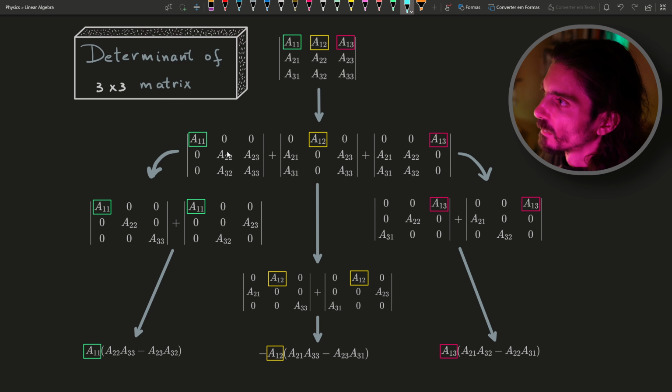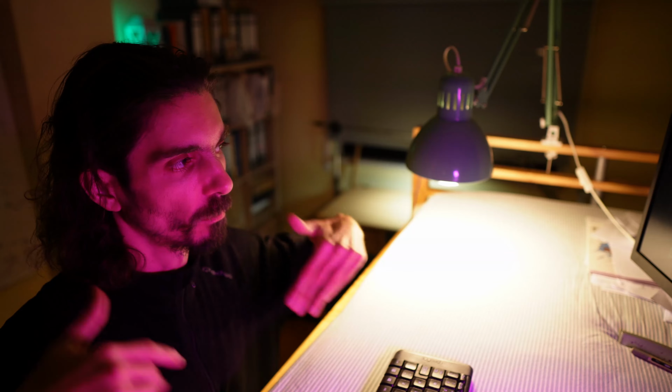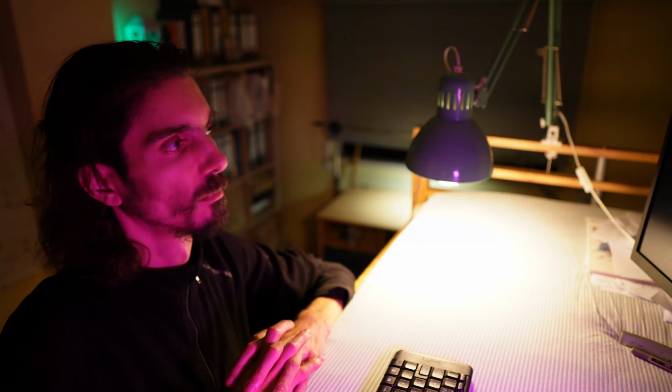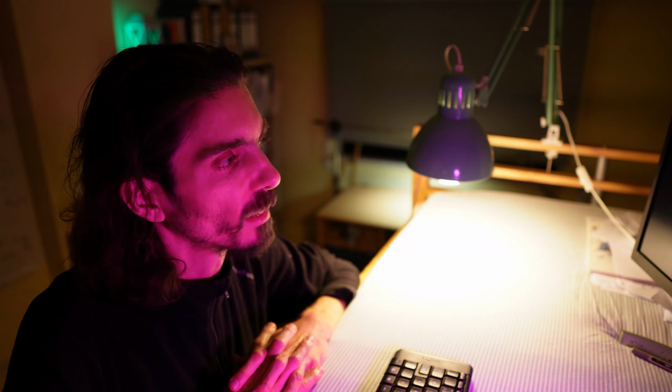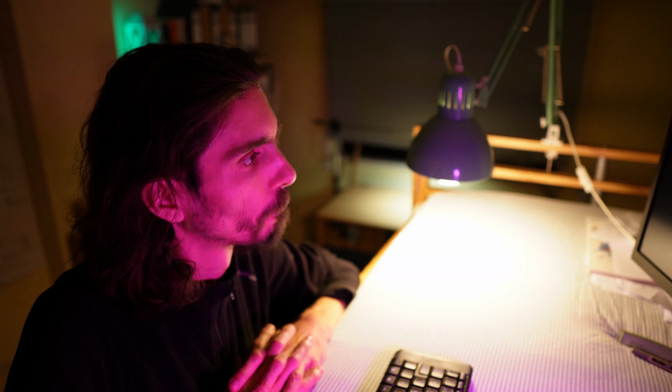Now I choose this entry, put zeros here, and only a33 survives. If on the other hand I choose this entry, a23, well, I have to put a 0 on a22 and a33 here and here, and only a32 survives. Again, the same thought process of choosing the non-zero entries.